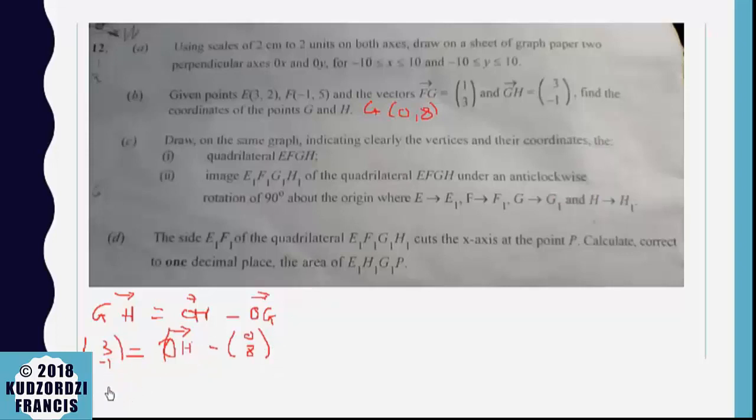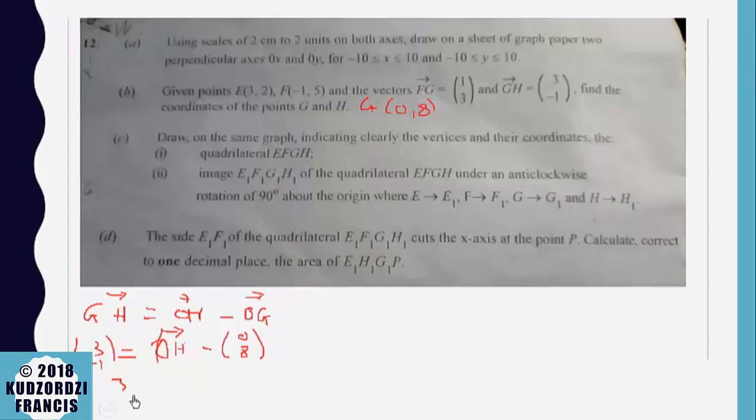So it becomes (3, -1) plus (0, 8) is equal to vector OH.